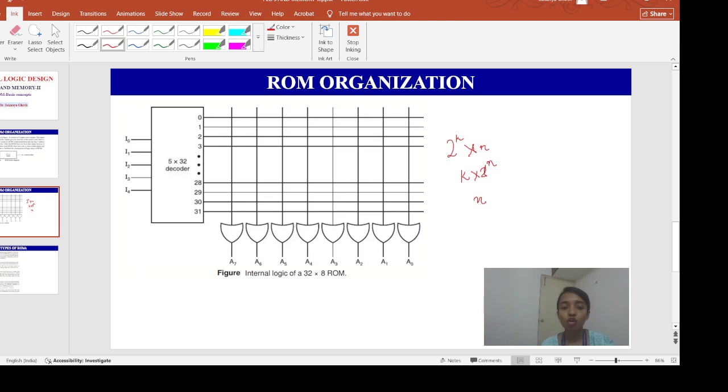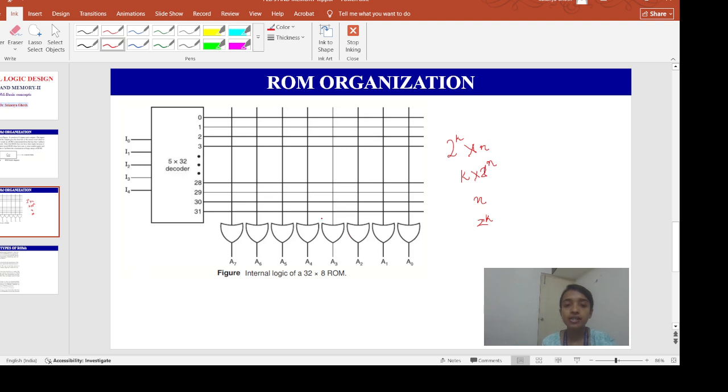Each OR gate has 2 to the power k inputs which are connected to each output of the decoder.